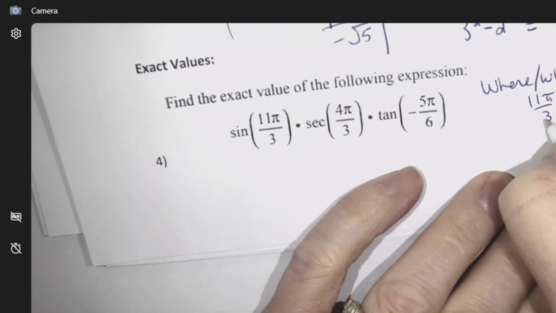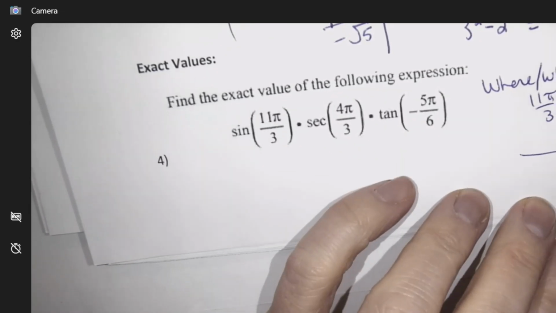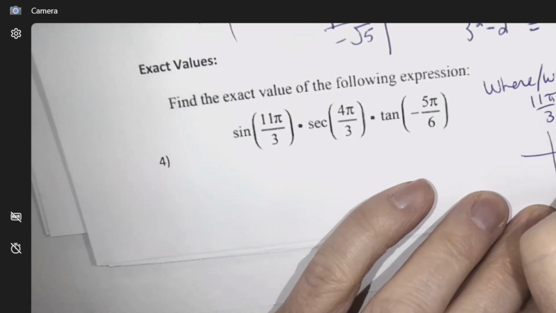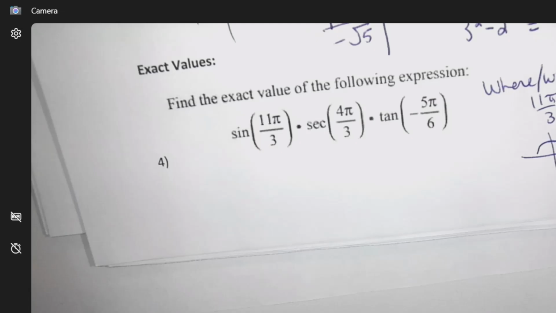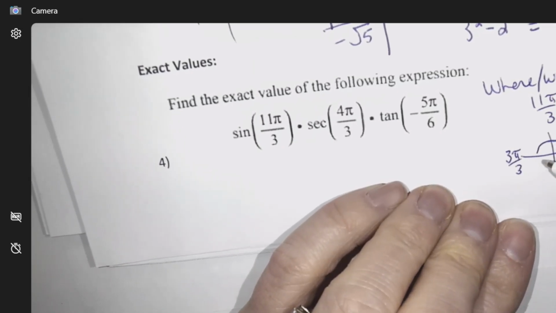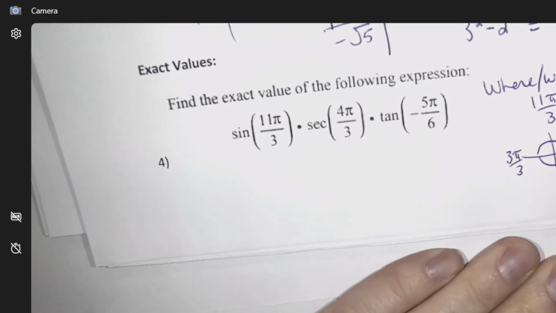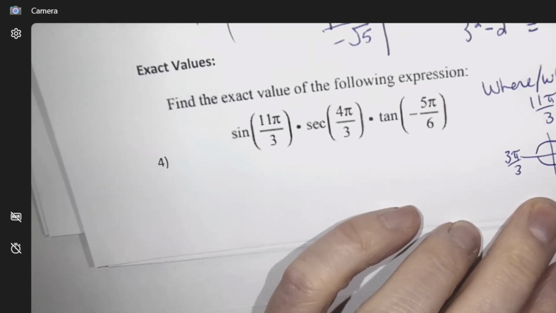11 pi over 3. Where am I? Okay, so let's rotate. If you went that far, what is that going to be? 3 pi over 3. If you went a full circle, 6 pi over 3.